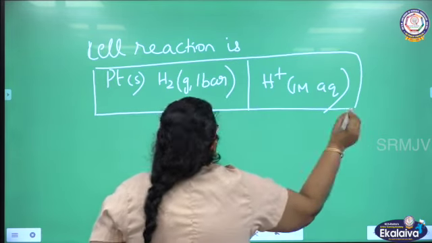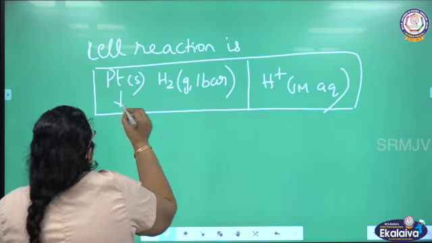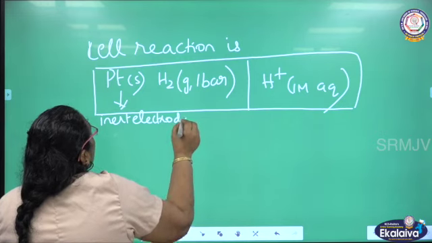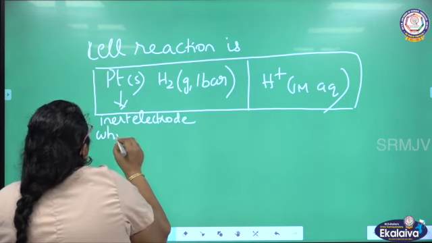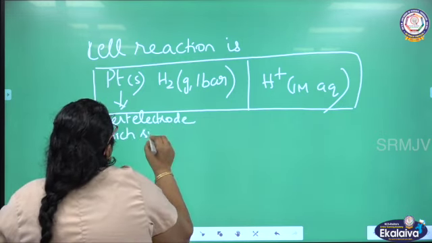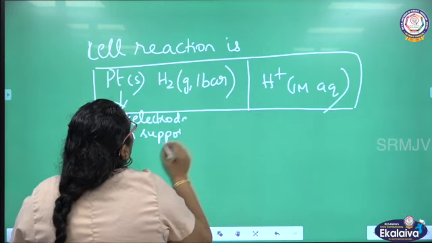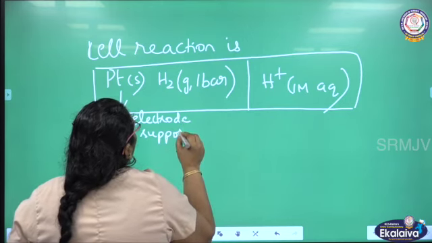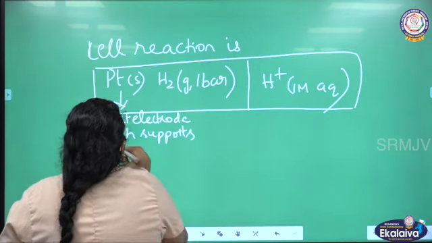Platinum is the inert electrode which supports the oxidation or reduction reaction.